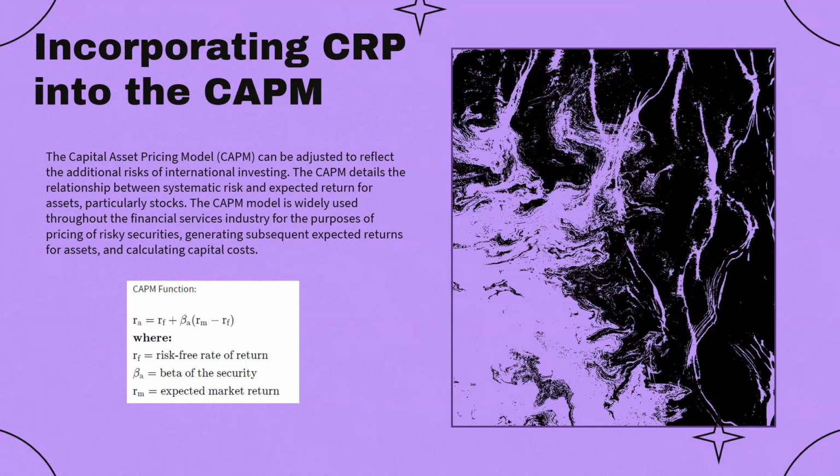The CAPM details the relationship between the systematic risk and the expected return for assets, particularly stocks. The CAPM is widely used throughout the financial services industry for the purpose of pricing of risky securities, generating subsequent expected returns for assets, and calculating, ito na nga, capital cost. No? So you're very much familiar with this formula.